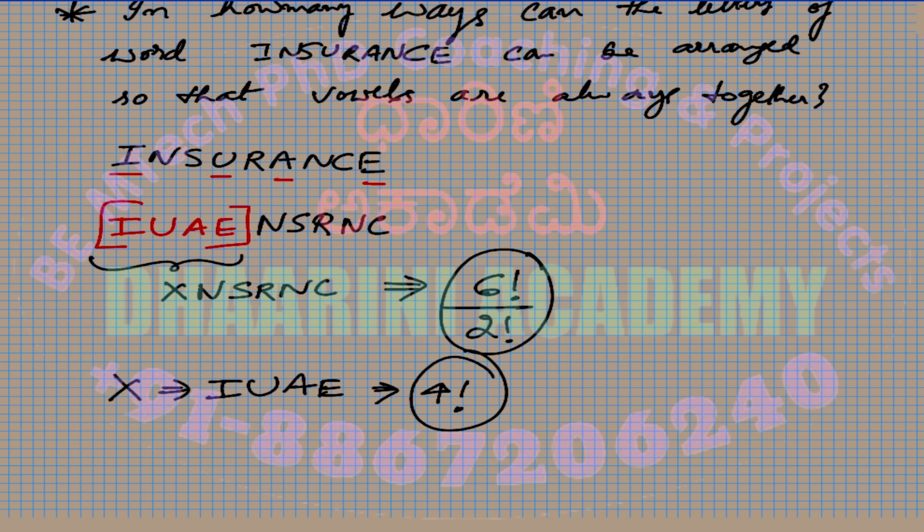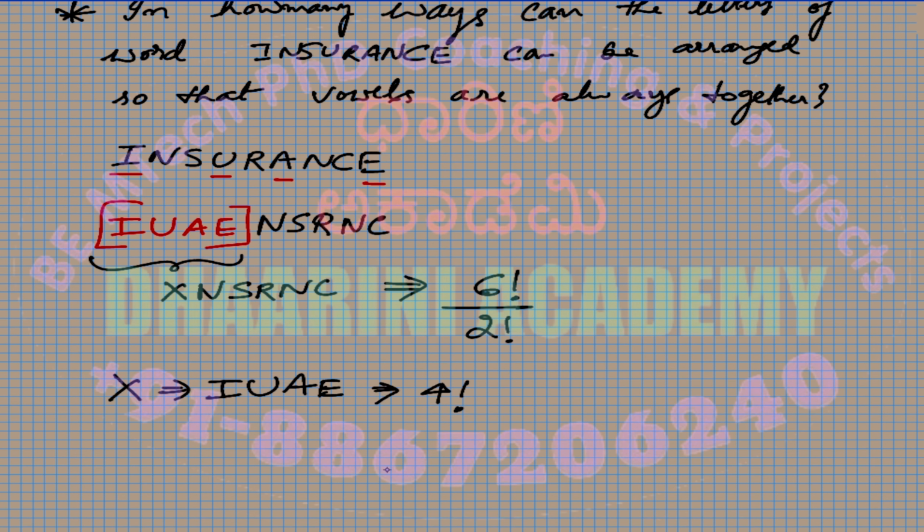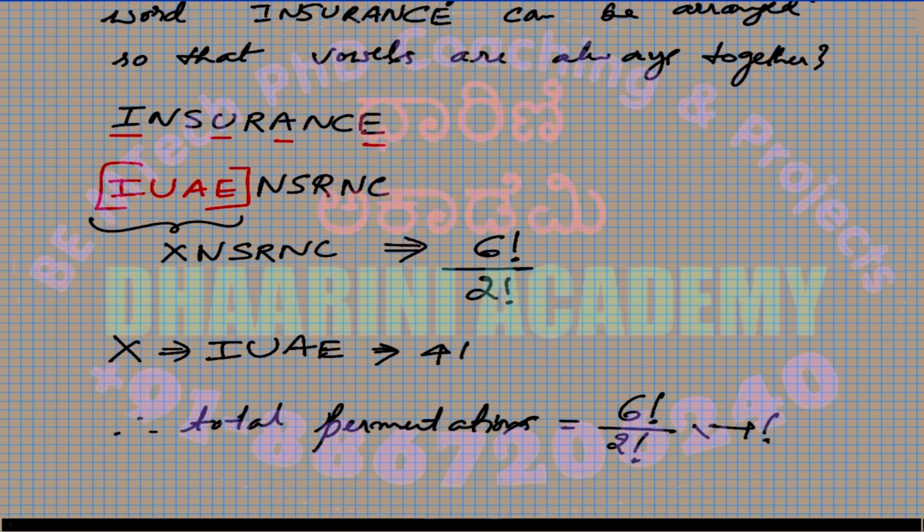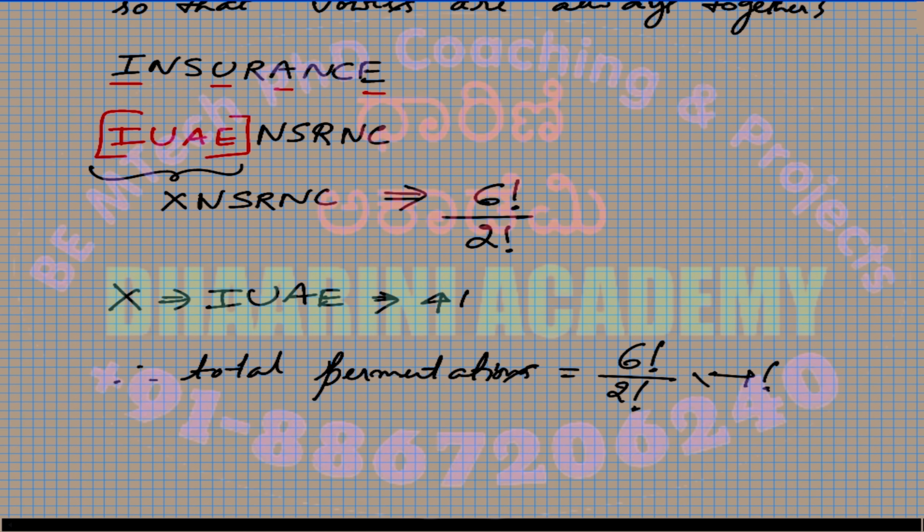So the total required answer is this and this. Whenever you say an 'and' operation, you know the basic mathematics we discussed at the beginning, whenever two of them are happening together, you will multiply. So the total required permutation equals 6 factorial by 2 factorial, multiplied with 4 factorial.